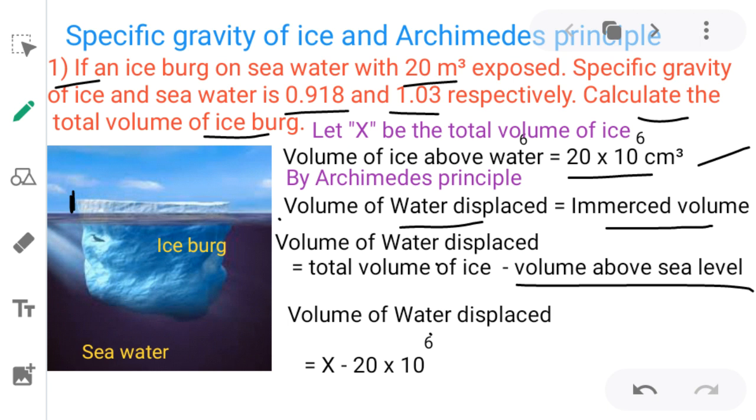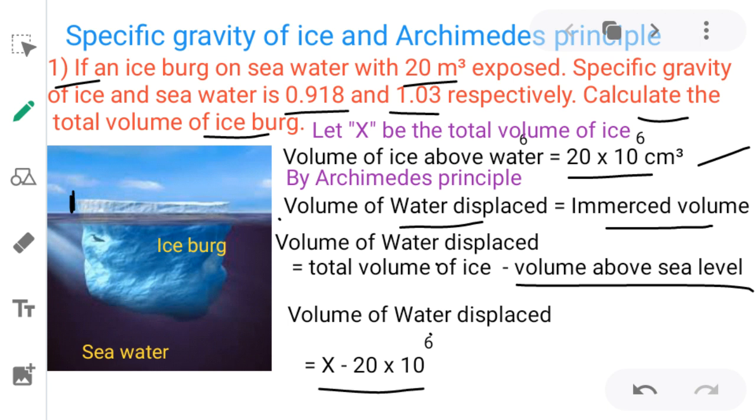By subtracting the volume appearing above the sea level from the total volume, we get the volume of the immersed part of the ice. That volume is equal to the volume of displaced water.